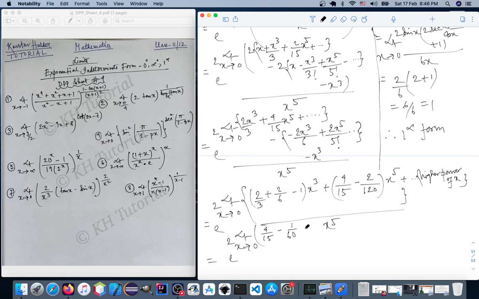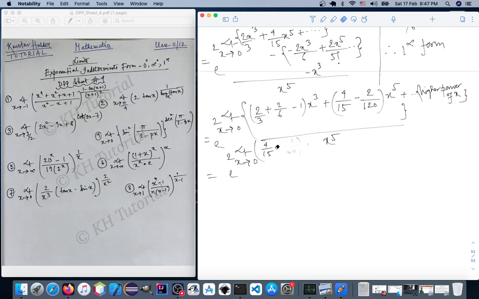If we have in the denominator x to the power 5, then we divide the numerator by x to the power 5, we get 4 by 15 minus 1 by 60 plus some constant times x to the power 7 and so on.